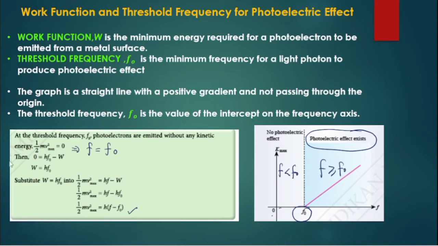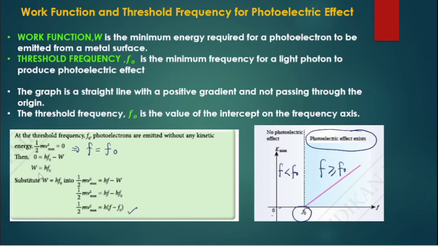Thus, from the formula of Einstein photoelectric equation, K max equals to 0 equals to hf0 minus W, because f is equal to f0.